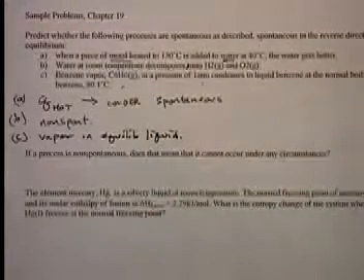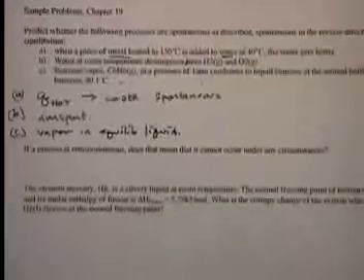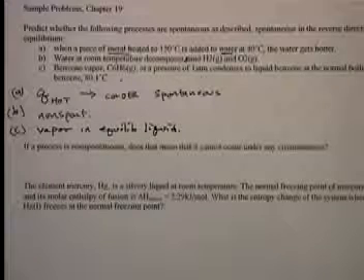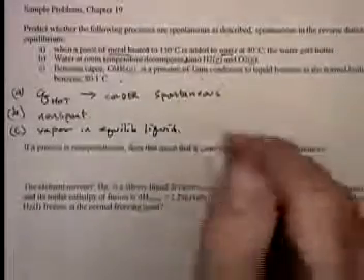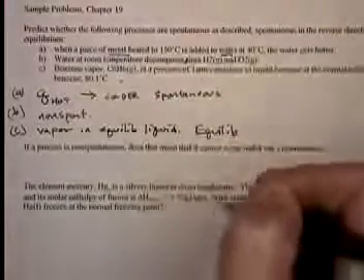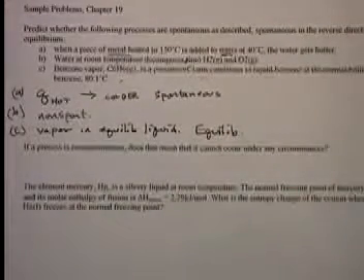And at that point, when the vapor is in equilibrium with its liquid, it doesn't tend to spontaneously all go to vapor, and it doesn't tend to spontaneously all go to liquid. And so we say that the process there is at equilibrium, and it's neither spontaneous nor non-spontaneous.